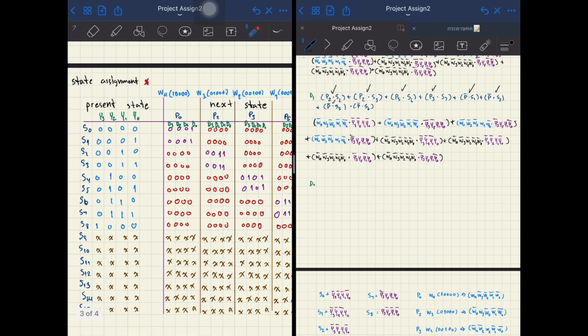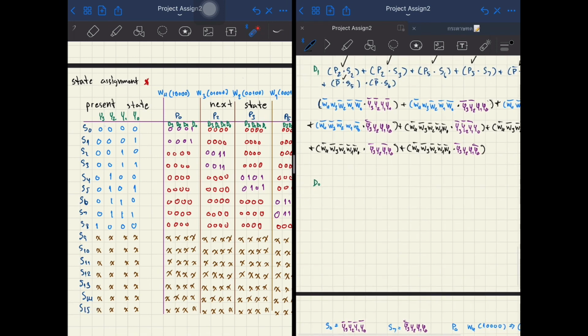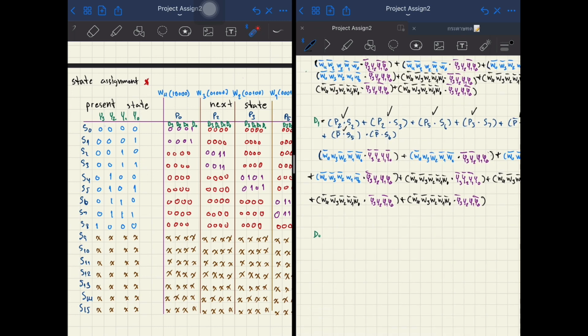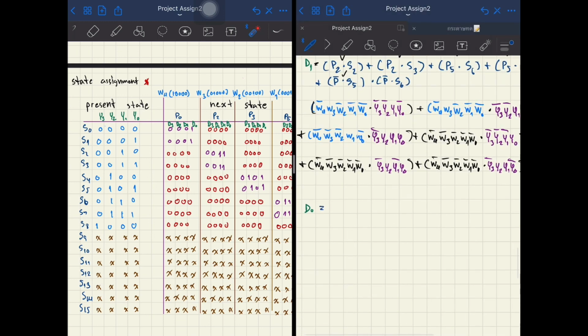D0 start with P0, it means press 0 and with state 0. Must write equal here. It is P0, right? P0 and S0. We look at 1 because we do min term.